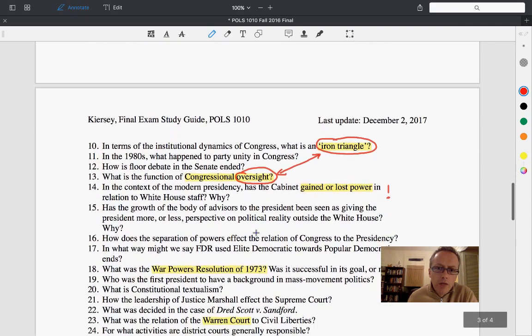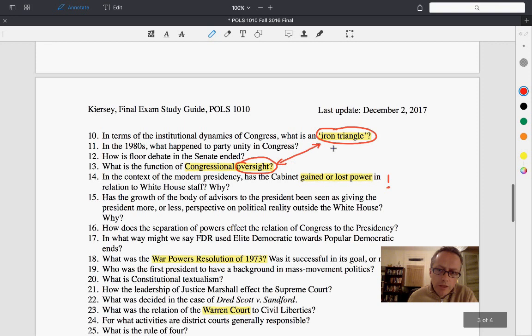Moving on, two questions that seem to be quite related: the question of the Iron Triangle and the question of congressional oversight. If you remember from the lecture, it's also discussed in good detail in the textbook. The Iron Triangle is a relationship between the congressmen, the bureaucrats of the executive branch, and the lobbyists.